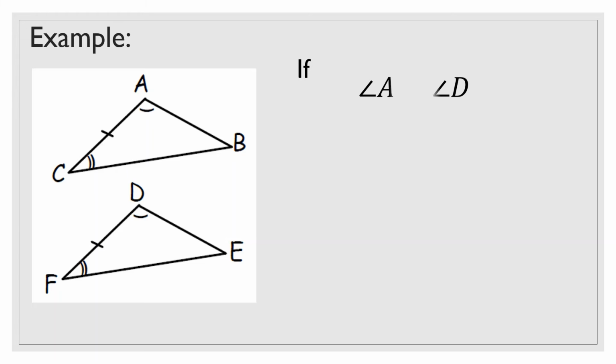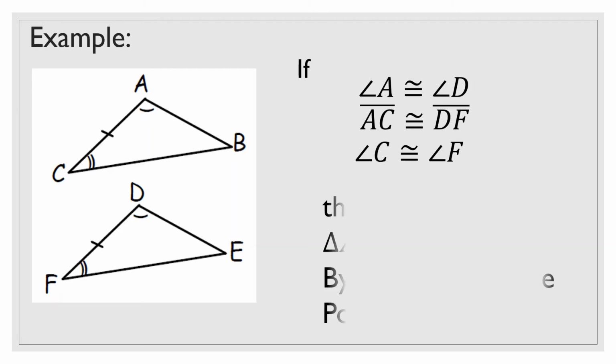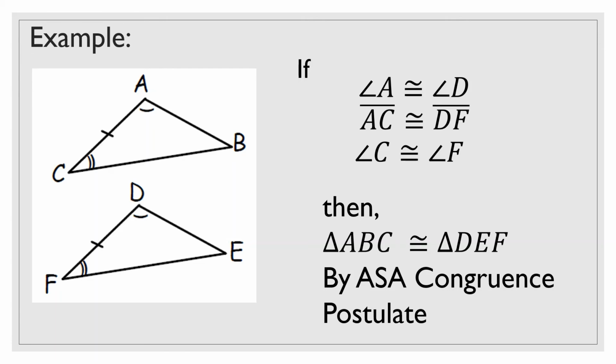So we can now say that angle A is congruent to angle D. Then we have AC congruent to DF, and angle C congruent to angle F. Take note that AC is the included side of angle A and angle C, and we have side DF, which is the included side of angle D and angle F. Now, we can say that triangle ABC is congruent to triangle DEF by ASA congruence postulate.